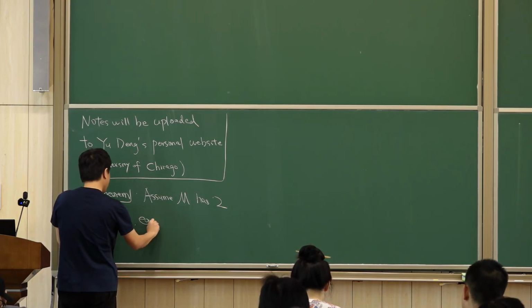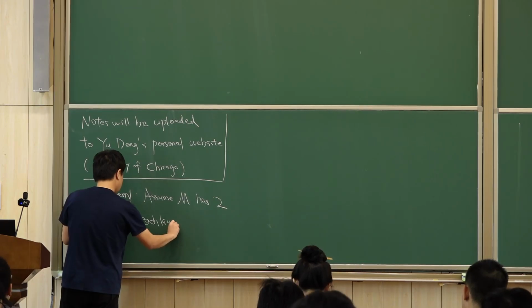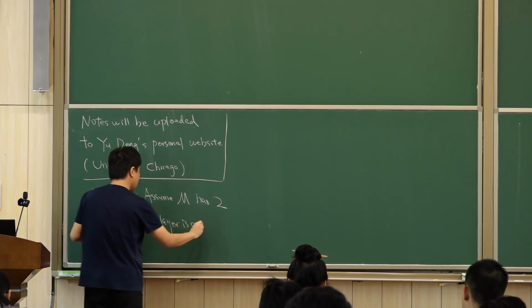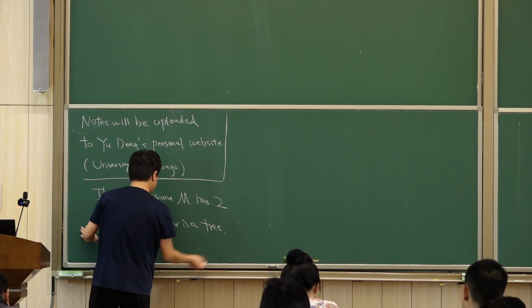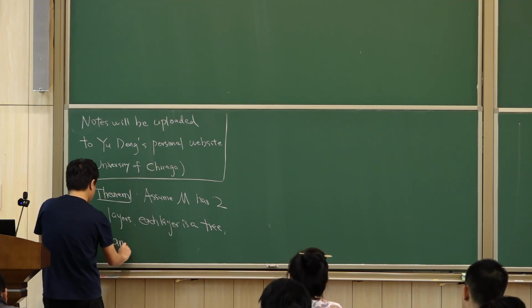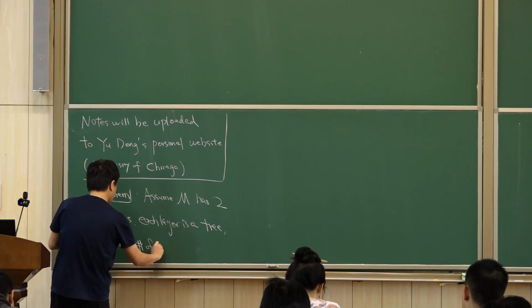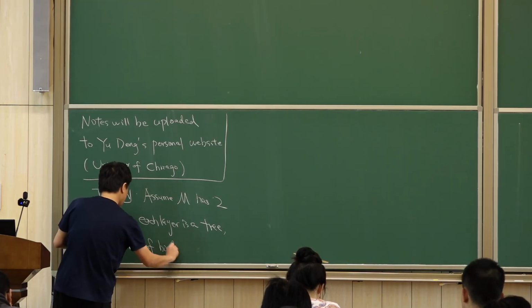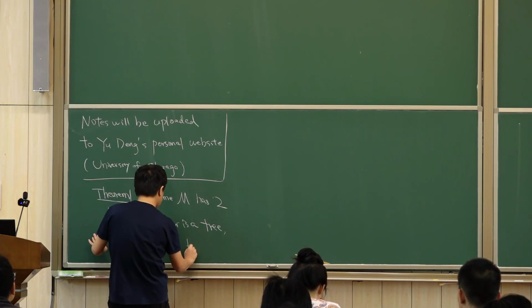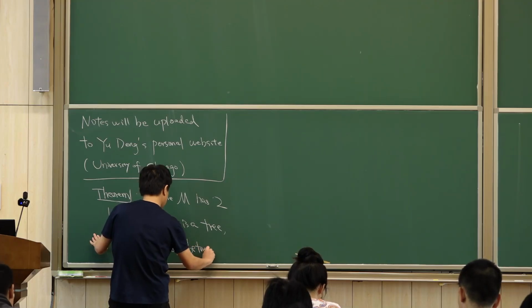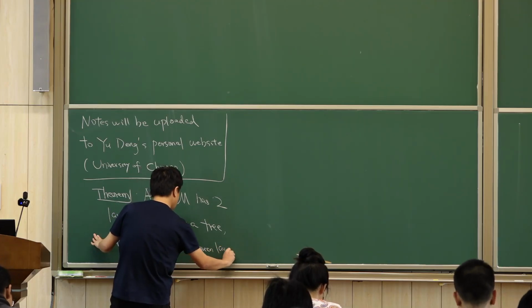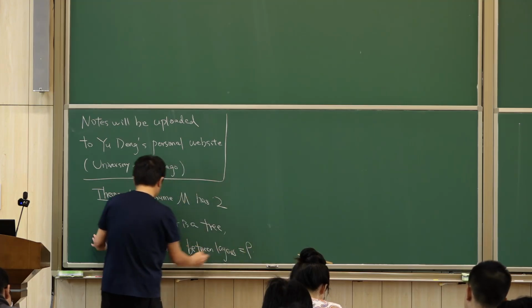Each layer is a tree. And the number of edges, bonds, let's say, between the 2 layers equals rho.